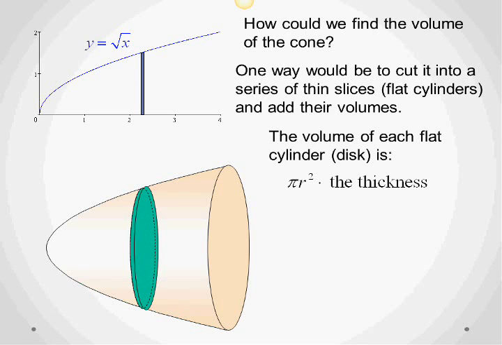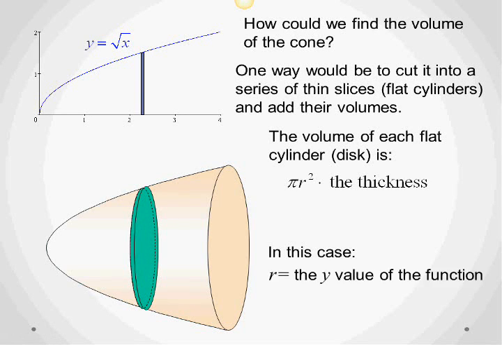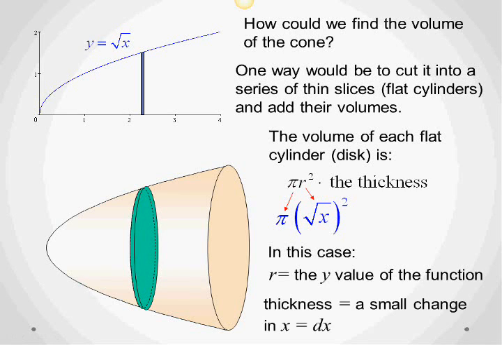Pi r squared would be the face of that circle, and then to multiply it by that little dimension would be a change in x, or dx. So in this case, our radius is actually the y value of the function. So we have pi times the square root of x squared, and then the thickness is a small change in x, which is going to be denoted by dx.